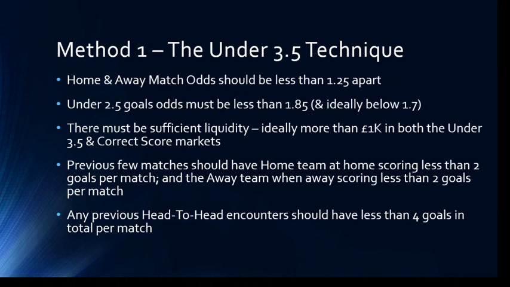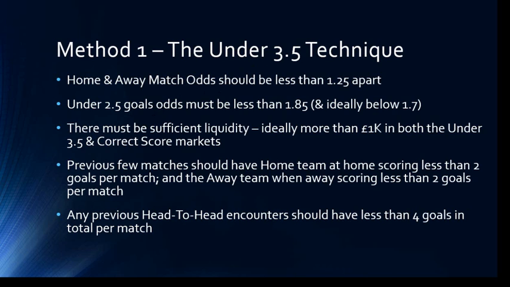So we've got home and away match odds should be less than 1.25, so the tick, we've got that. Under 2.5 goals odds must be less than 1.85 and ideally below 1.7. Note it's under 2.5, not under 3.5 that we are looking at initially.